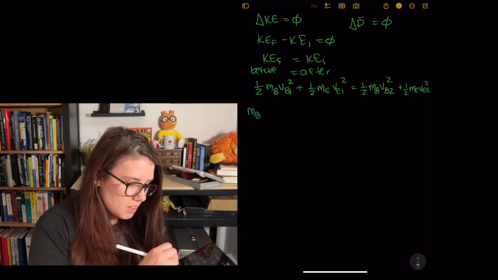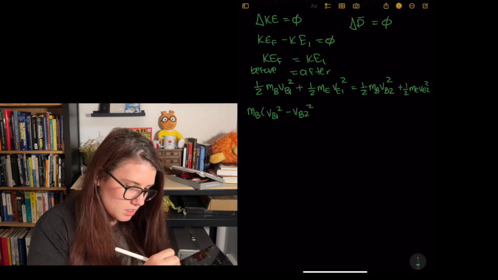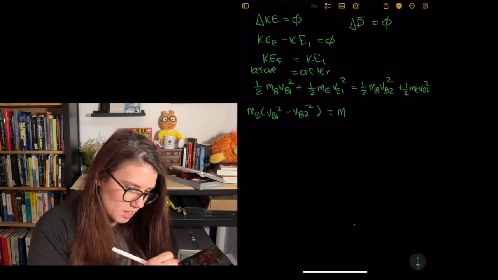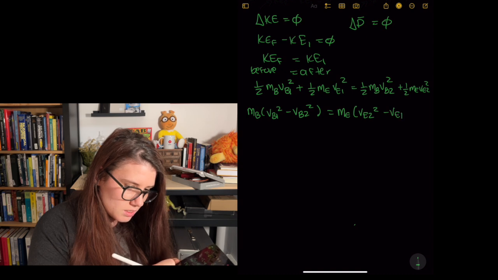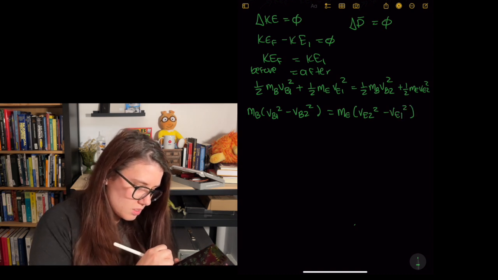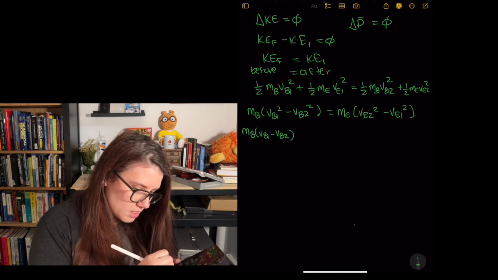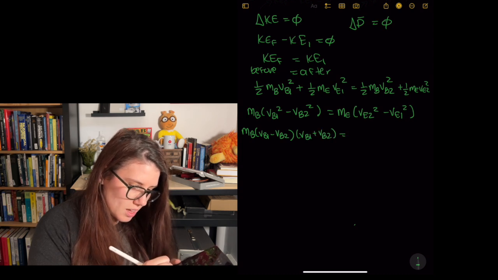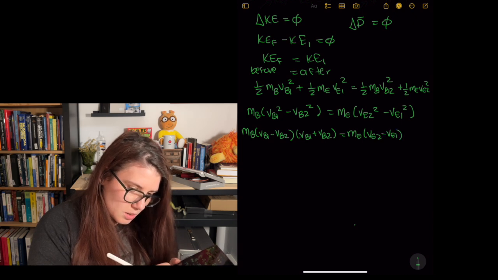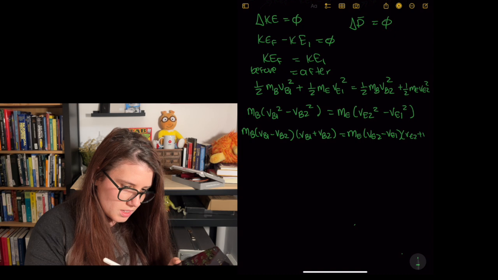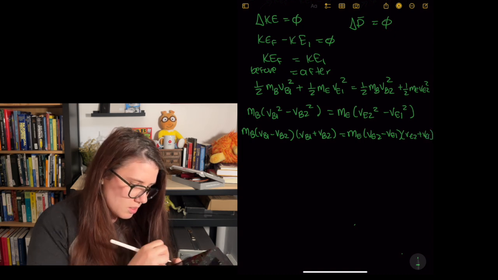So you get mb times (VB1 squared minus VB2 squared) is equal to me times (VE2 squared minus VE1 squared). And let's multiply this out, so you get mb times (VB1 minus VB2) times (VB1 plus VB2) is equal to me times (VE2 minus VE1) times (VE2 plus VE1). Okay, we'll call this equation 1.